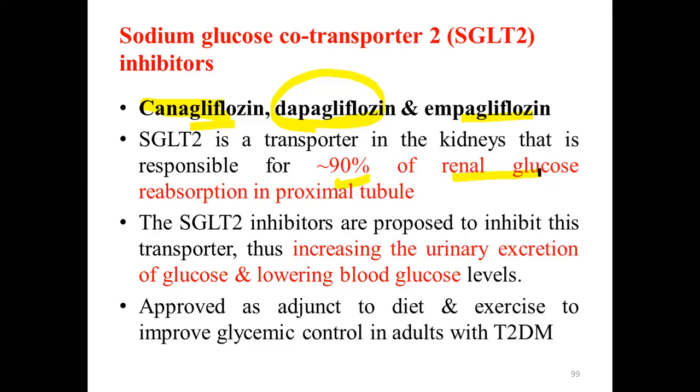As a result, it promotes urinary excretion of glucose and ultimately lowers the blood glucose level. Remember, this class of drugs is approved as an adjuvant therapy to diet and exercise to improve glycemic control in type 2 DM patients.